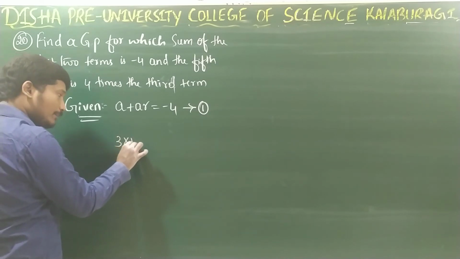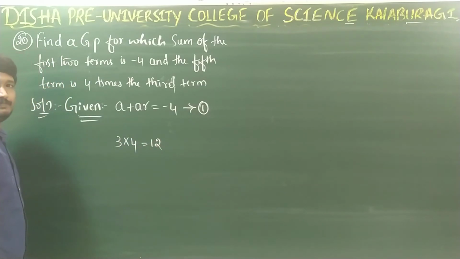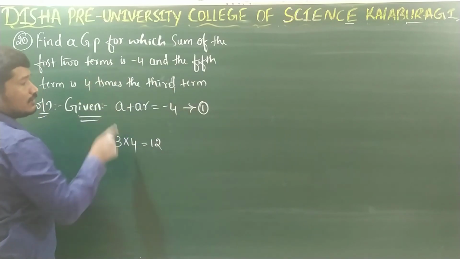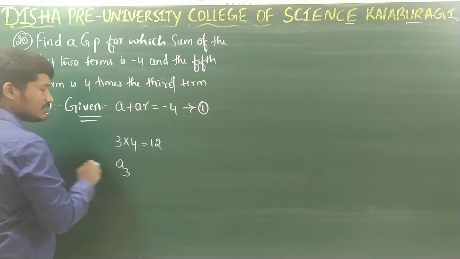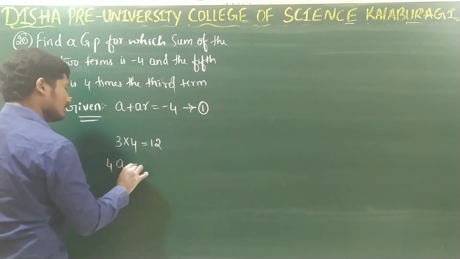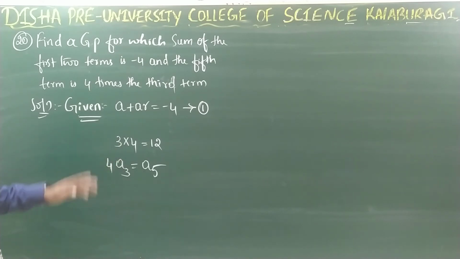If you multiply it by 4, you will get the fifth term, right? Whatever the value you get, it will be the fifth term. That is, the third term is A3. So when you multiply 4 to A3, the value you get will be the fifth term of the GP, right? So these two are given for us.